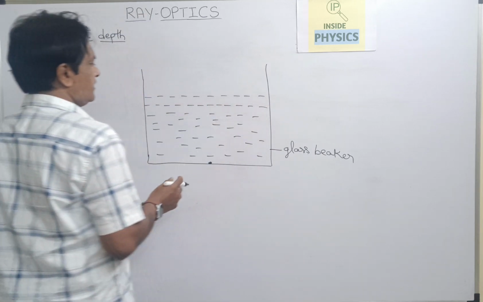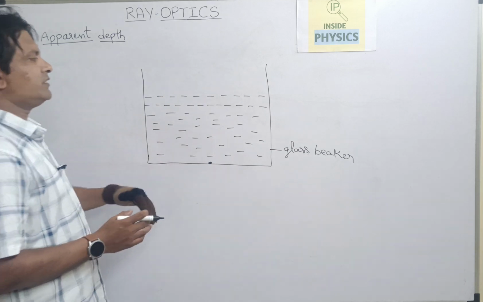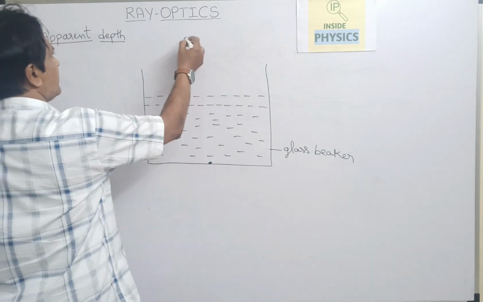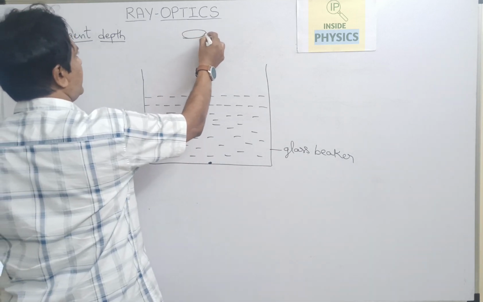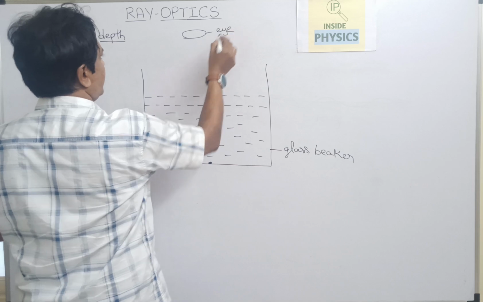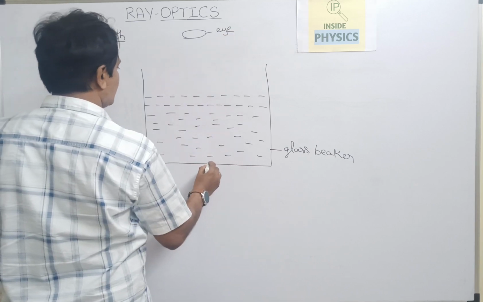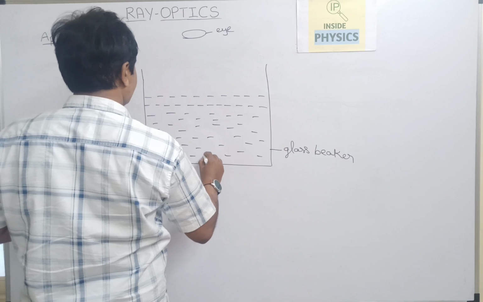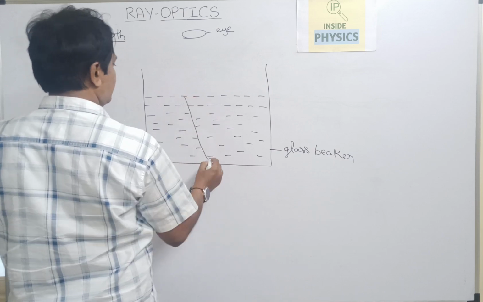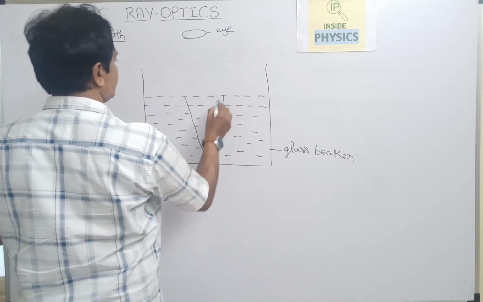It is not actually raised, but it appears to be raised to some height. If you are observing from here, this is your eye, human eye, and the light from this bottom will be passing through the water like this to reach your eye.